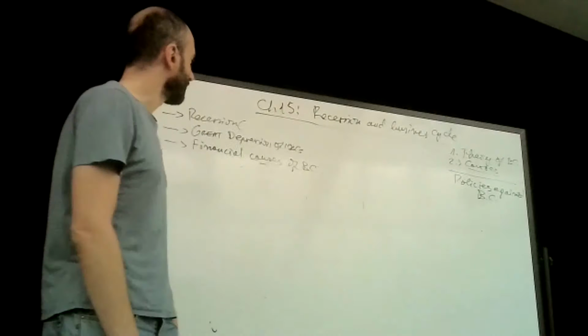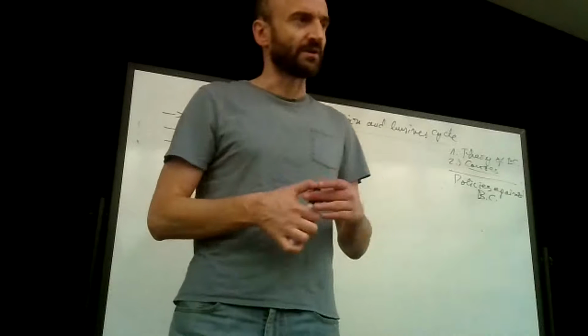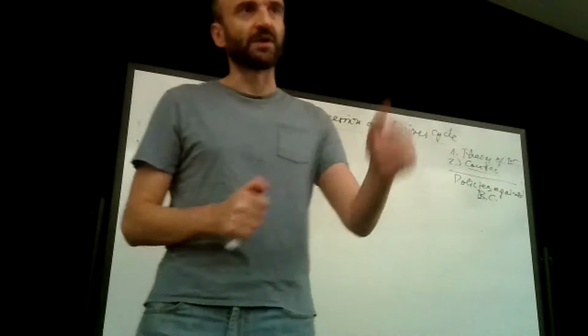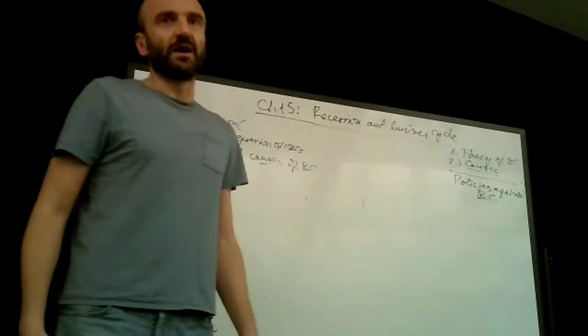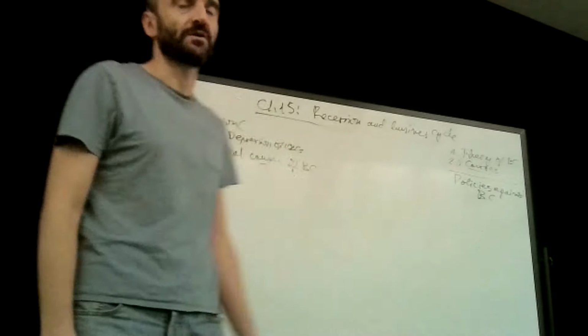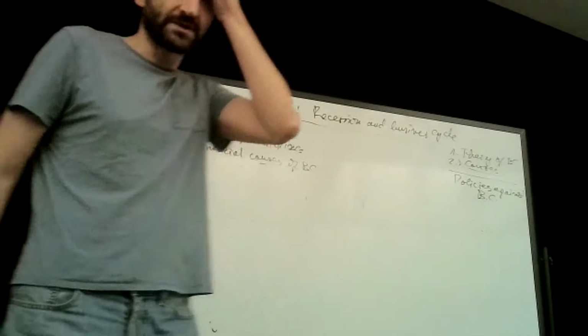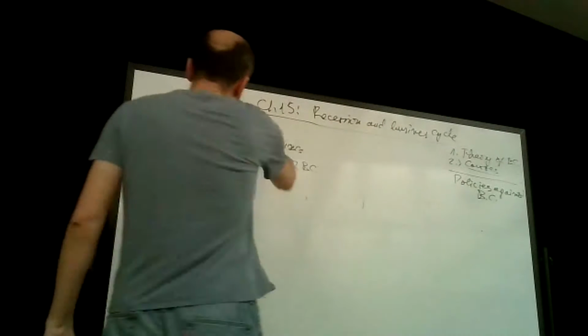It's sometimes called the monetary theory of business cycle, arguing that money and some problems with money and monetary policy are the root causes of recessions. So that would be our game plan for today. We'll start first with a general overview of the concept of recession.